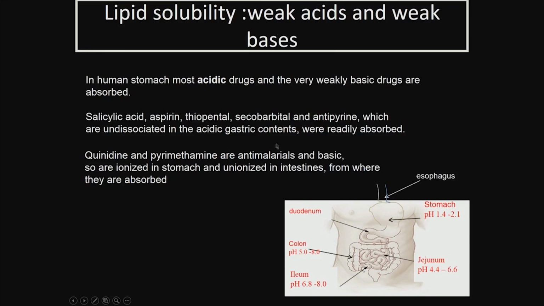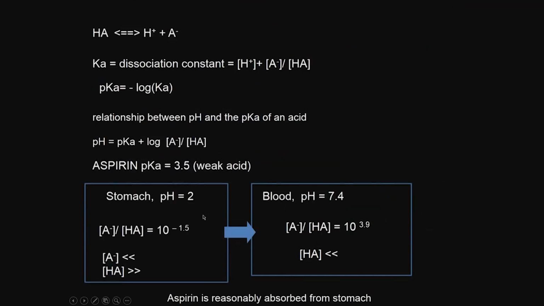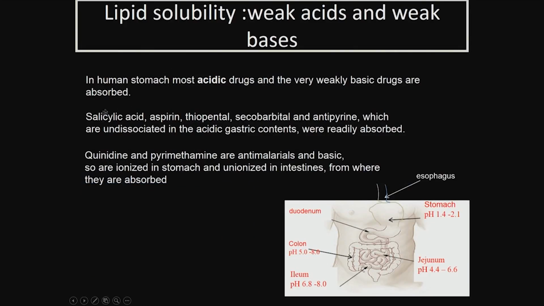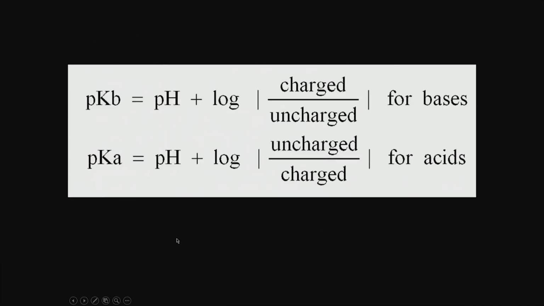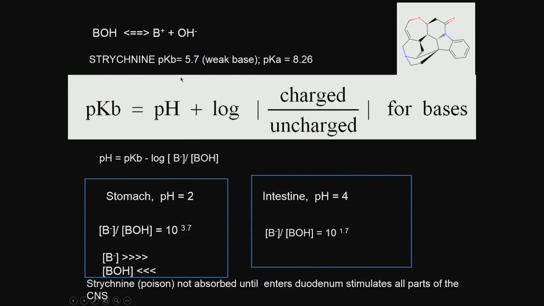As we have said, most acidic drugs are absorbed in the stomach, so aspirin gets absorbed from the stomach, whereas basic drugs have to go down into the intestine to get absorbed, like this strychnine. Understand?